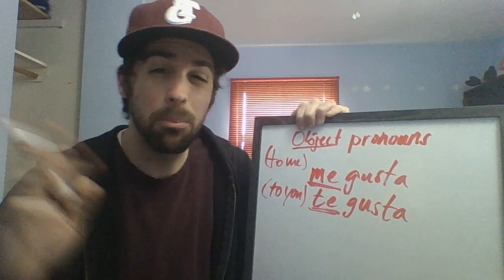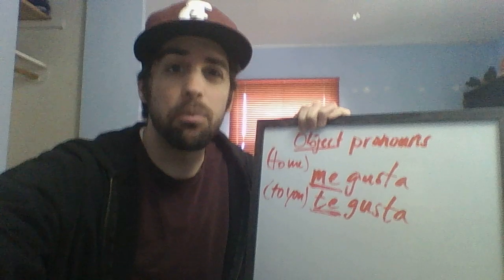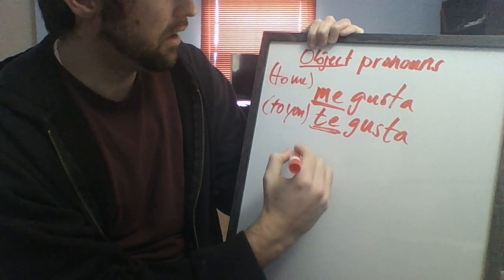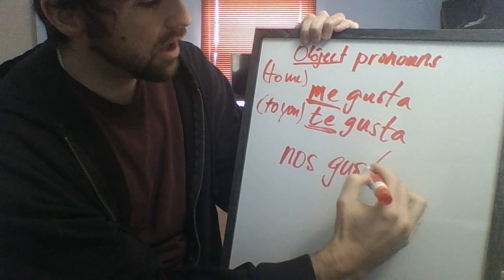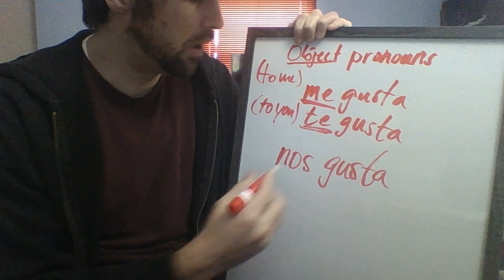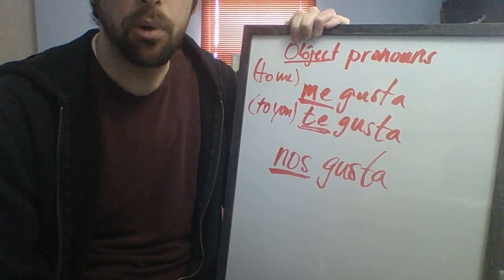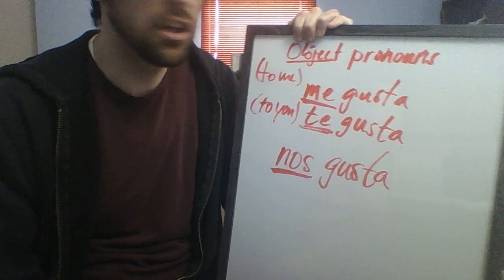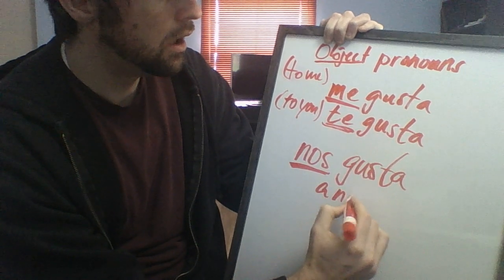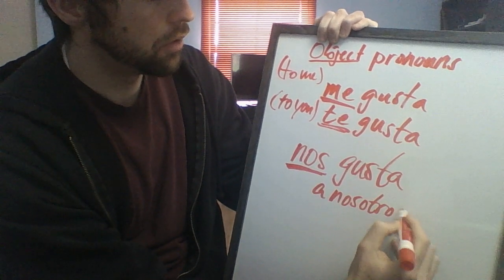Now we want to add a couple of our pronouns here. I'm going to move this down so we can see. So the other most obvious one here would be nos gusta, and you could probably guess which pronoun this is referring to, which subject we're referring to. In this case, we're talking about nosotros, right?